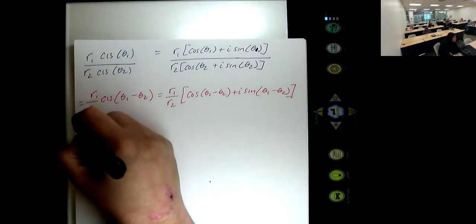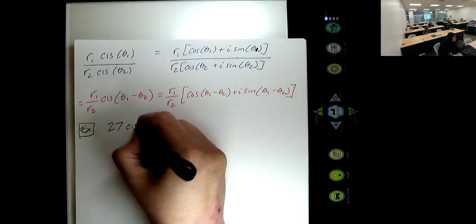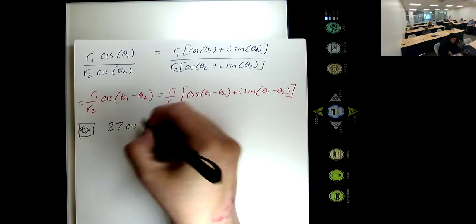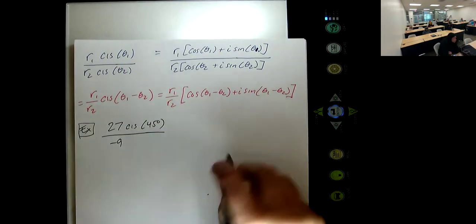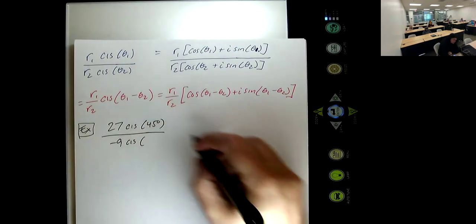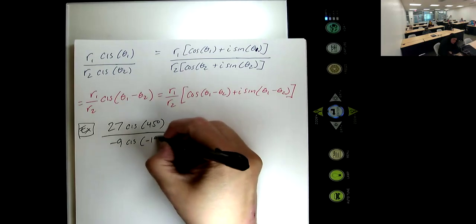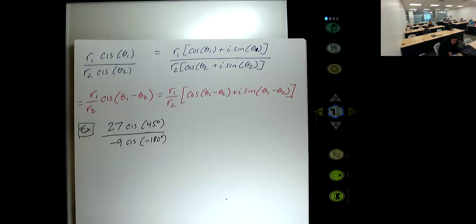Example. 27 cis 45 degrees over -9 cis -180 degrees. Not -9.